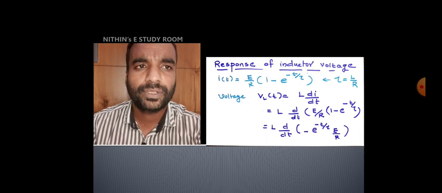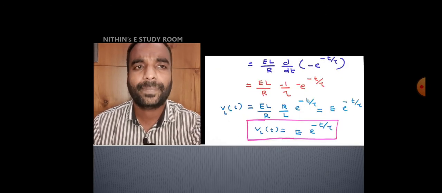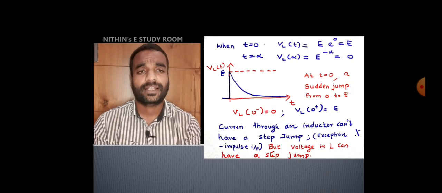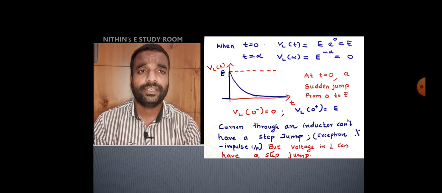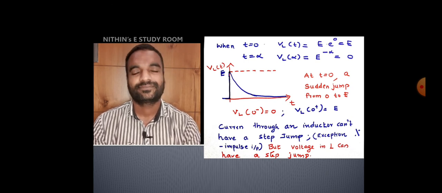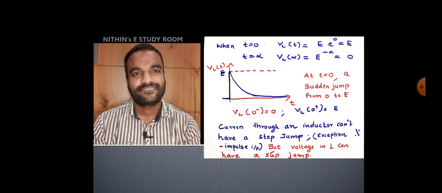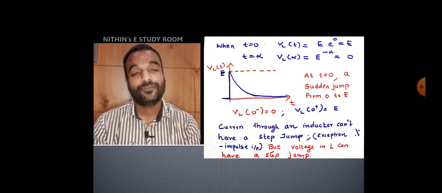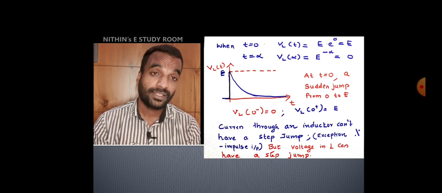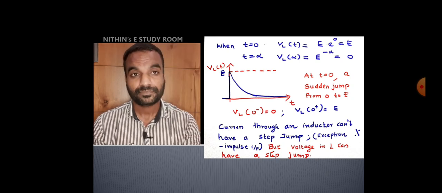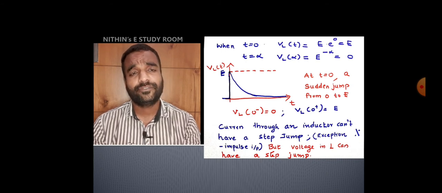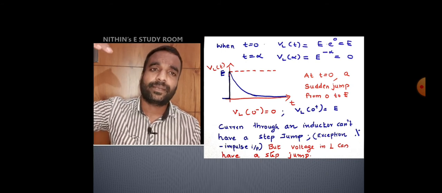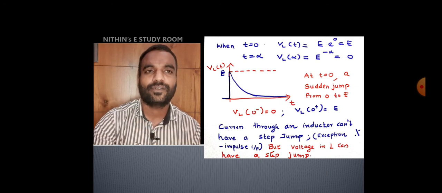So now in the voltage equation also, you can substitute what happens when t is equal to 0 and what happens when t is equal to infinity. When t is equal to 0, VL of t is equal to E into e raised to 0, that is E. In current, when time is equal to 0, it was 0. But in voltage, when t is equal to 0, initially it is at some high value, that value is E. When t is equal to infinity, exponentially it is coming towards the 0 value.